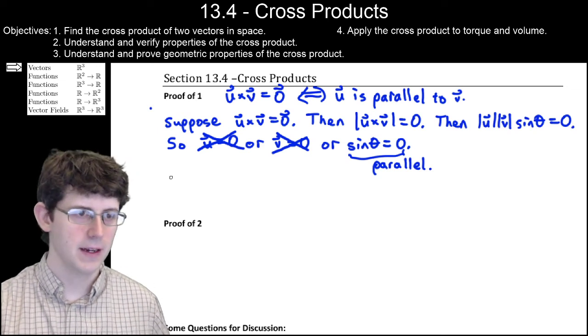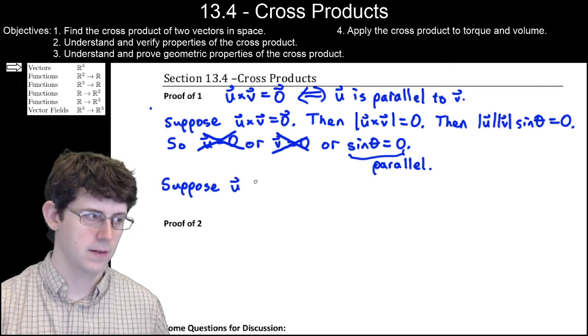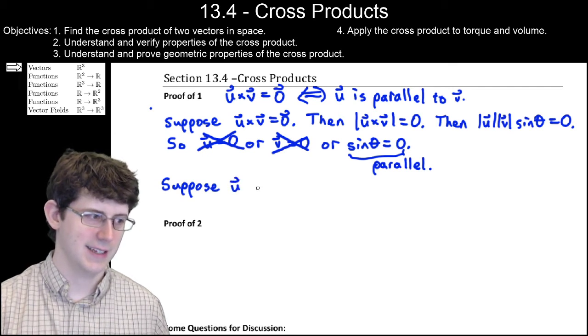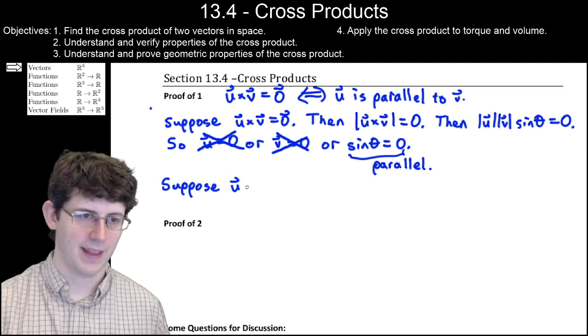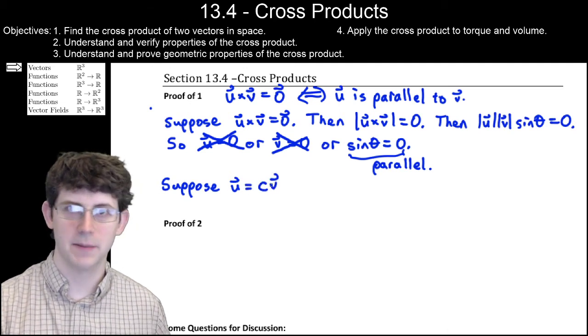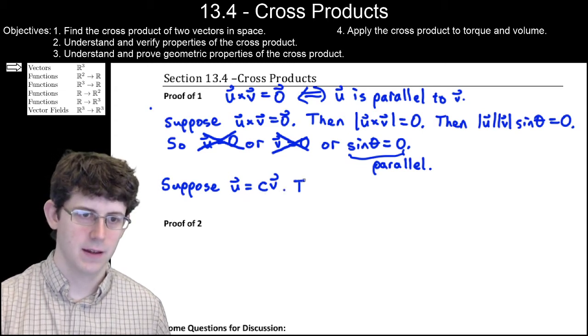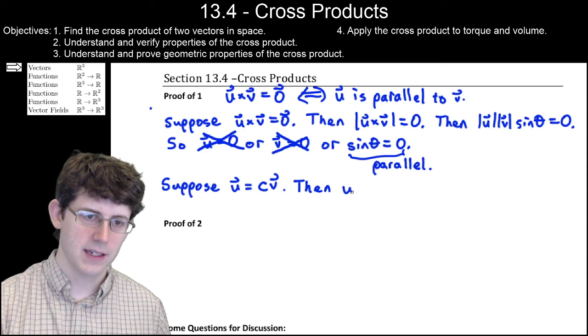If you go the other way, you suppose that the vectors are parallel. This is kind of silly, but whatever. Let's suppose that the vectors are parallel, that one is a multiple of the other, that U is a multiple of V. Then what you can do is say, let's cross them.